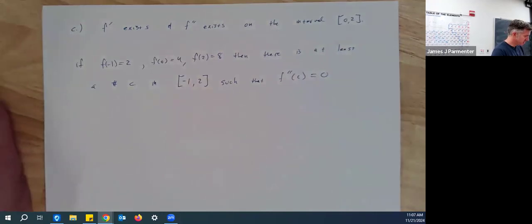This is still in the part of the problem that's about the mean value theorem, so obviously we're thinking we probably need to use the mean value theorem somehow.